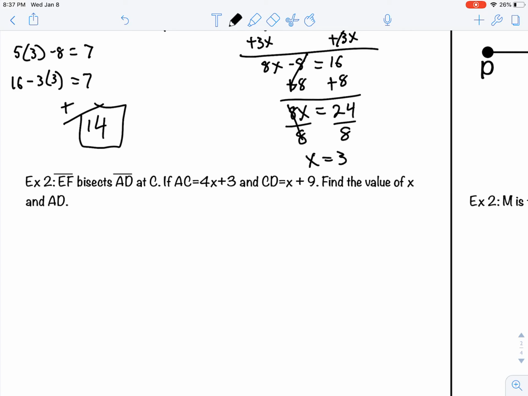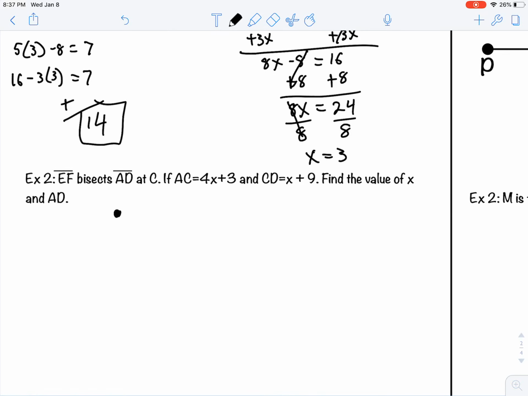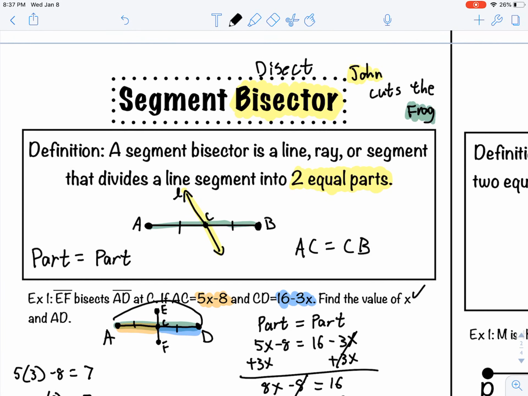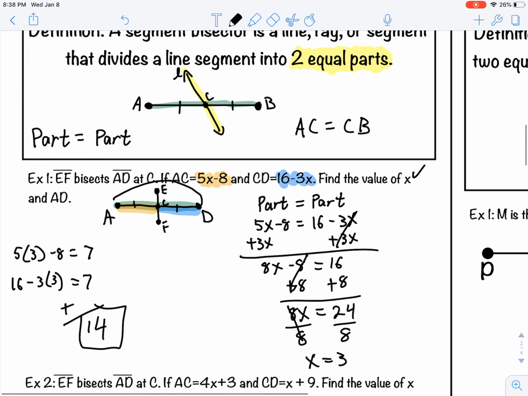All right, well, we don't have a picture, so let's draw it. All right, so I got to figure out what this line segment is. So if I go back up here, looking at my sentence, John cuts the frog. All right, I need to figure out who the frog is.